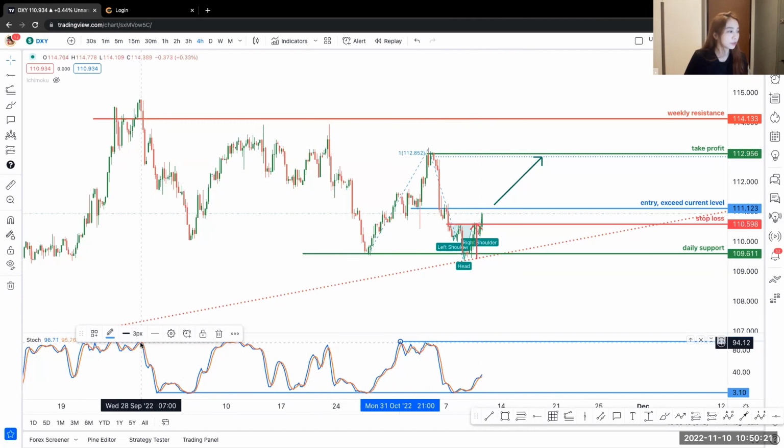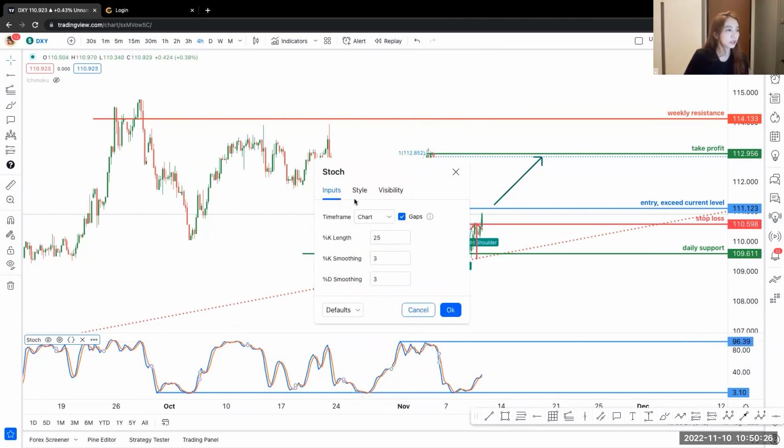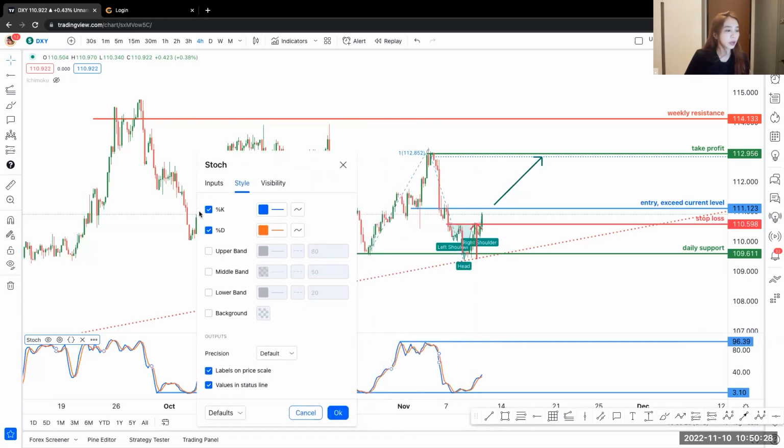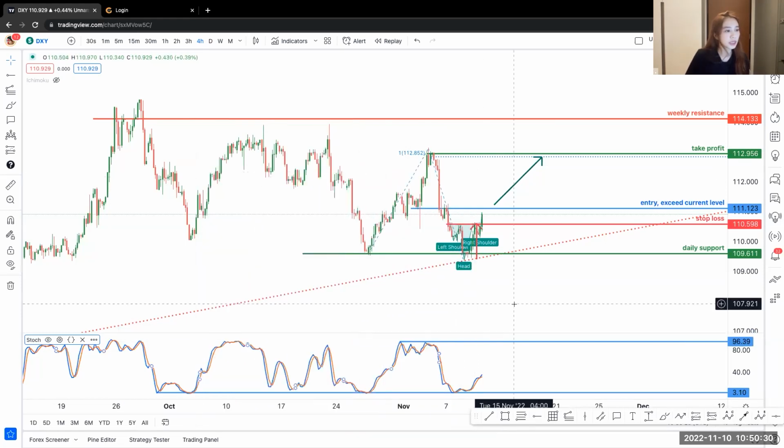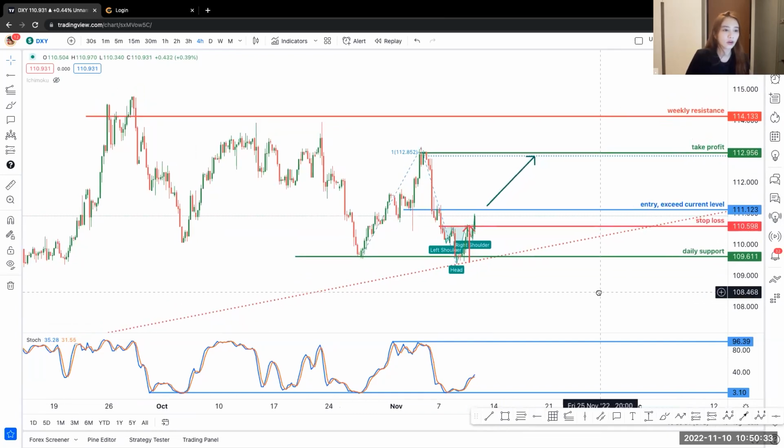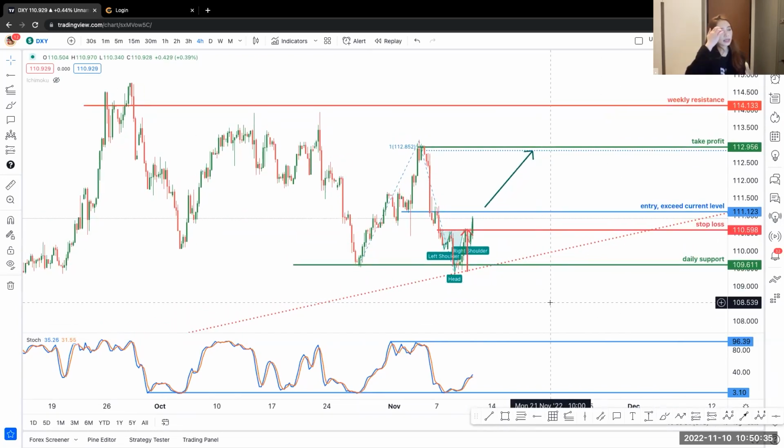You can see the blue line, which is our percentage K, is already above percentage D as a sign of upward movement. So continue observing and see whether the price eventually exceeds 111.123, persisting to move up to our potential take profit at 112.956. So that is for DXY.